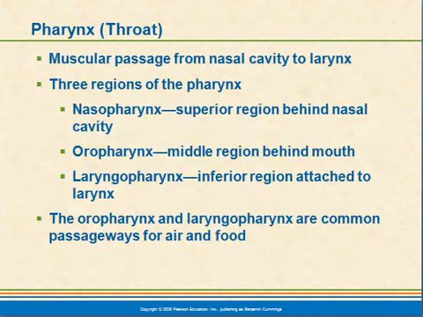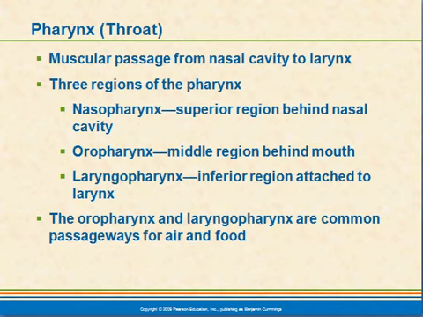Now, the passageway for air after it has gotten out of the nasal cavity is to go down the pharynx. And we've talked about the pharynx before as it relates to the digestive tract. The nasopharynx is the part just behind the nasal cavity, and it's for the flow of air only.